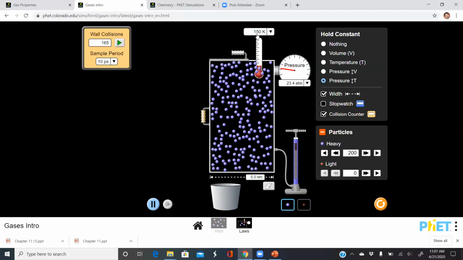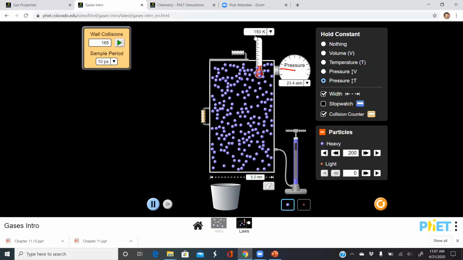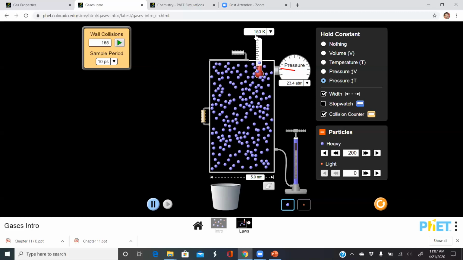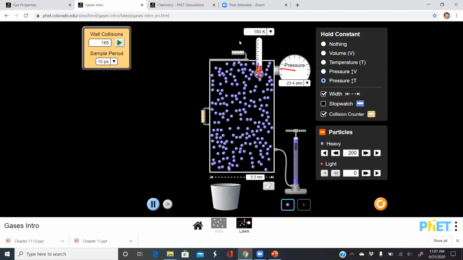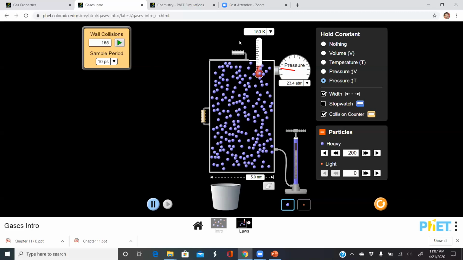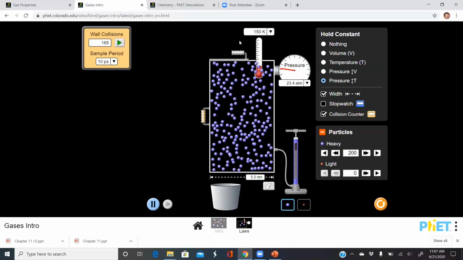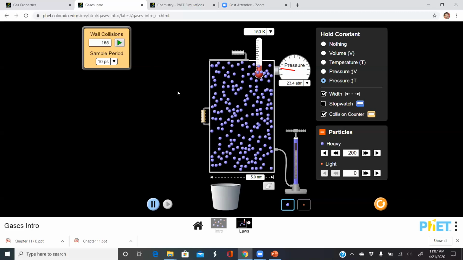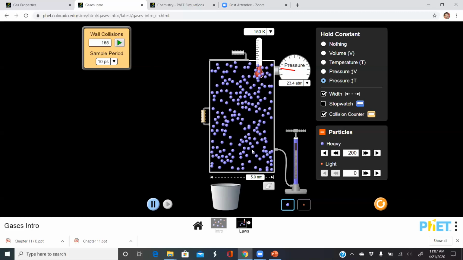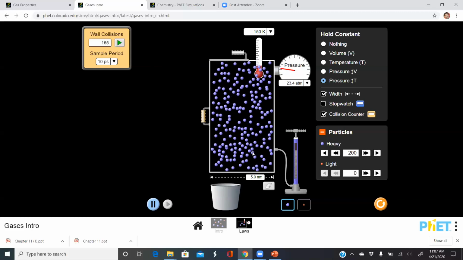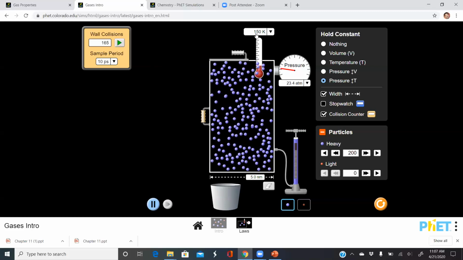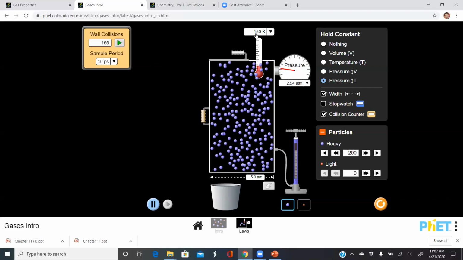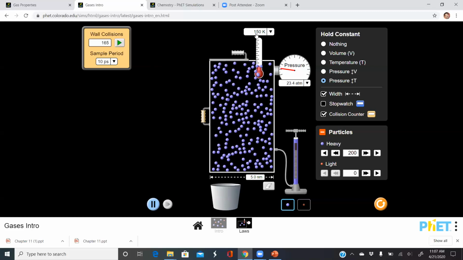The only way to do that is to decrease temperature. So I went from 300 Kelvin to 150 Kelvin. When I halved the volume, I had to halve the temperature. I went from 10 nanometers to 5 nanometers for the volume, and now I went from essentially 300 Kelvin to 150 Kelvin.